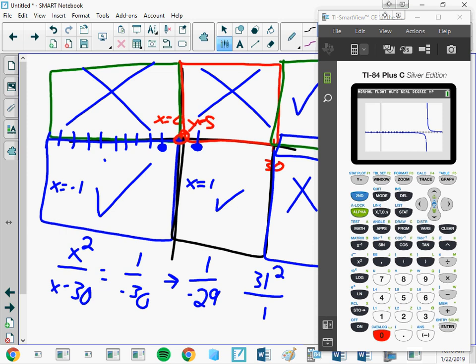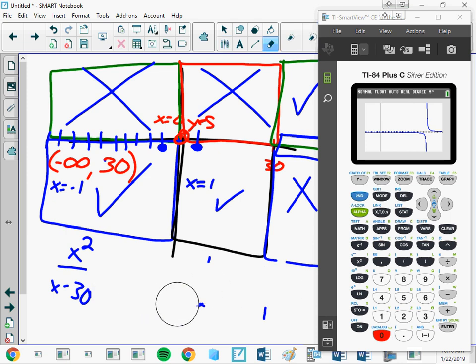So it's going to be from -infinity until 30. Parenthesis, what goes on the right side? A parenthesis, because 30 is not part of the solution. If we plug in 30, we don't get an answer. We get error. Okay? What if it would have said this? What would the answer be?